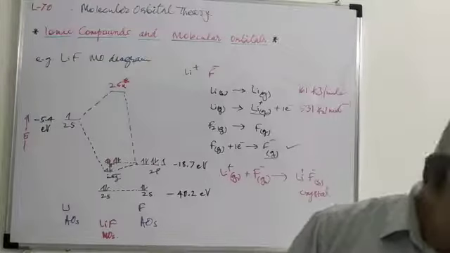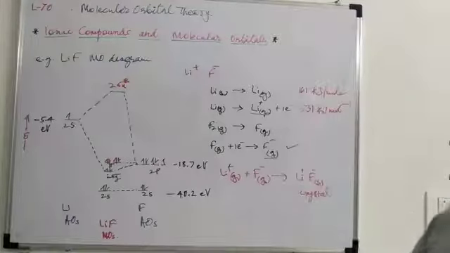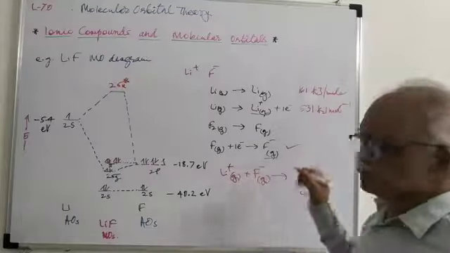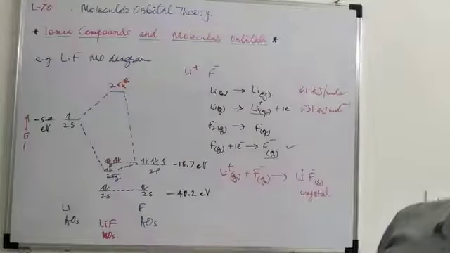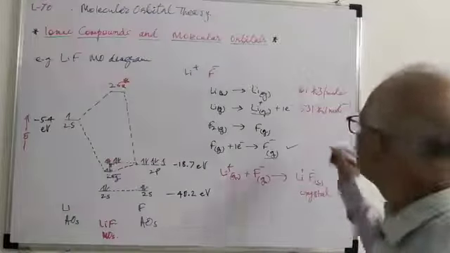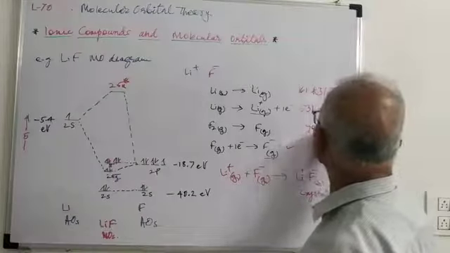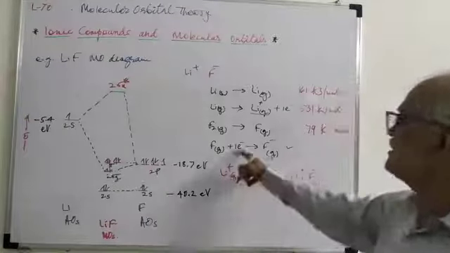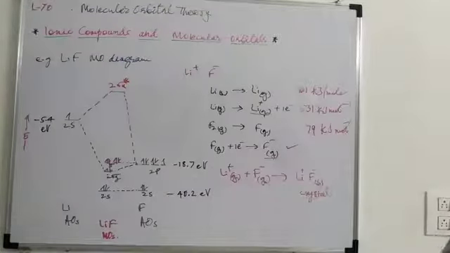Then the next step is the dissociation of the gaseous fluorine molecule, and it requires an energy of 79 kilojoules per mole. The next step is formation of the anion.